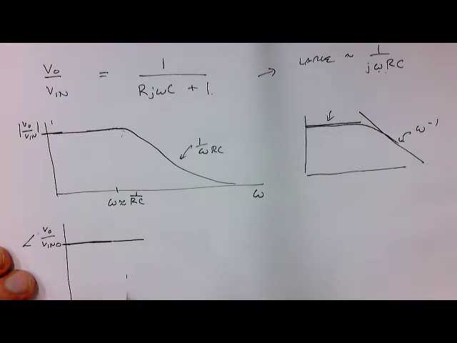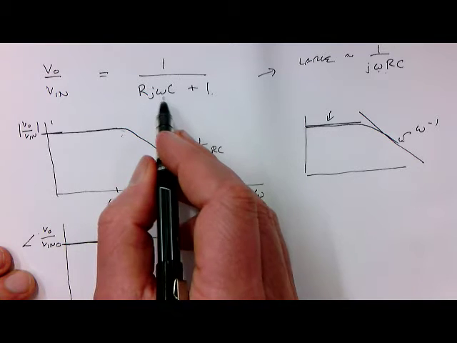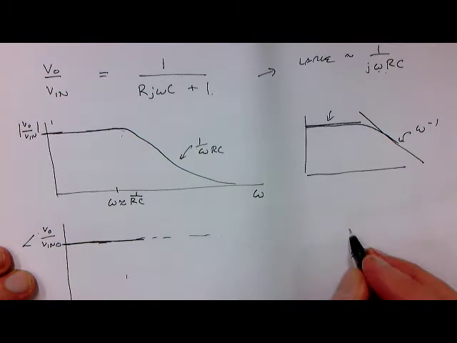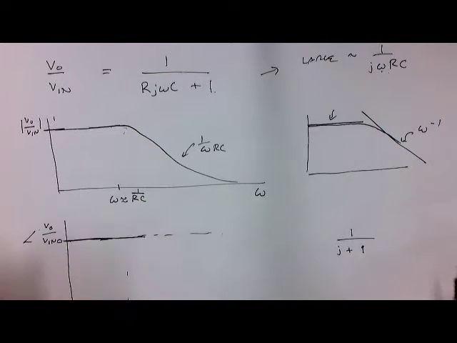So here's my omega equals 1 over RC. By the time I get to omega equals 1 over RC, what's the phase here? Well, now I've got 1 over j plus 1, and that actually has a phase of minus pi over 4. I'll ask you to kind of believe me on that.